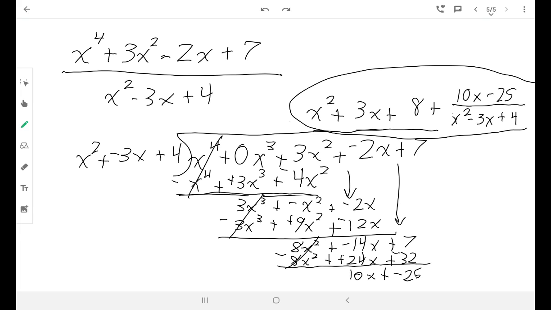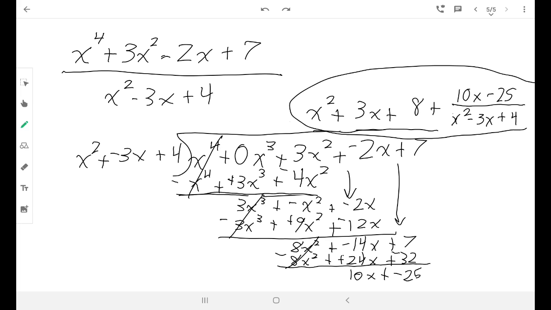Okay? So that is long division, and why it's so much better than synthetic division, and why synthetic division is stupid and I hate it. Because, again, sure, I made a mistake doing this problem, but I couldn't have done this problem with synthetic division at all. I couldn't have even started it.